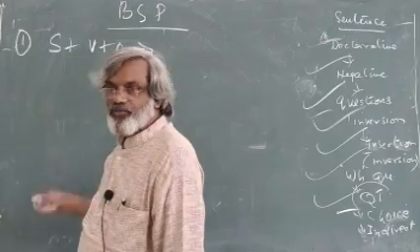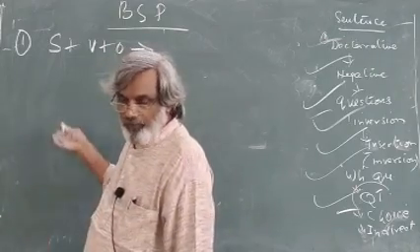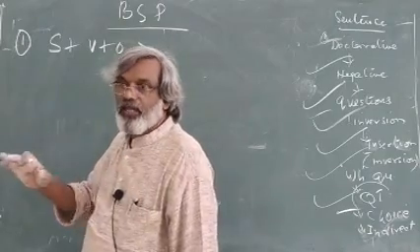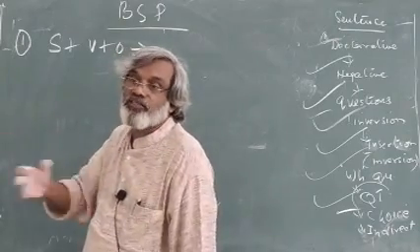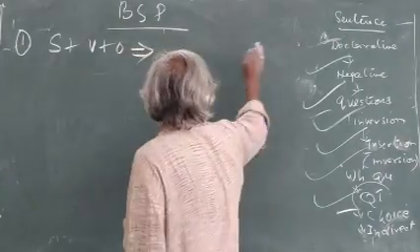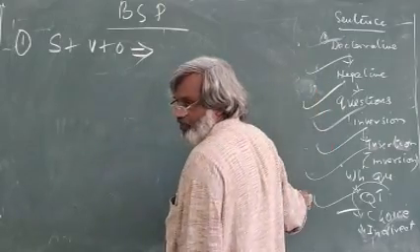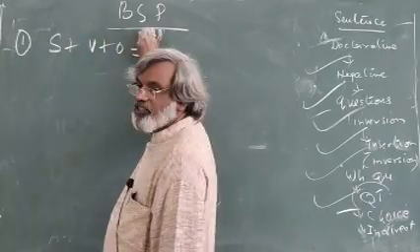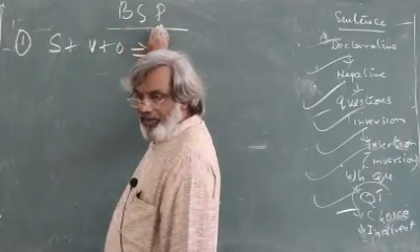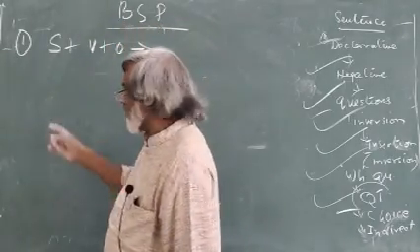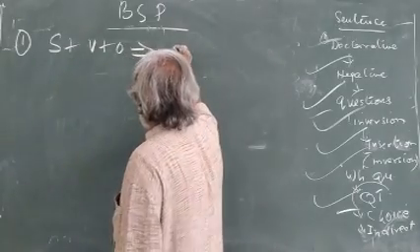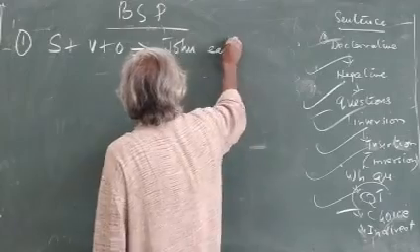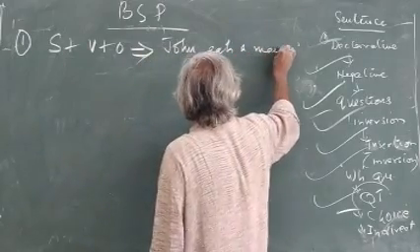8 to 9 steps we are going to follow. So keep in mind and understand all these steps by which we can frame basic sentence patterns. All these fundamental sentences can be converted to them, and these are called BSP, basic sentence patterns. How can you frame S plus V plus O? Example: John eats a mango.